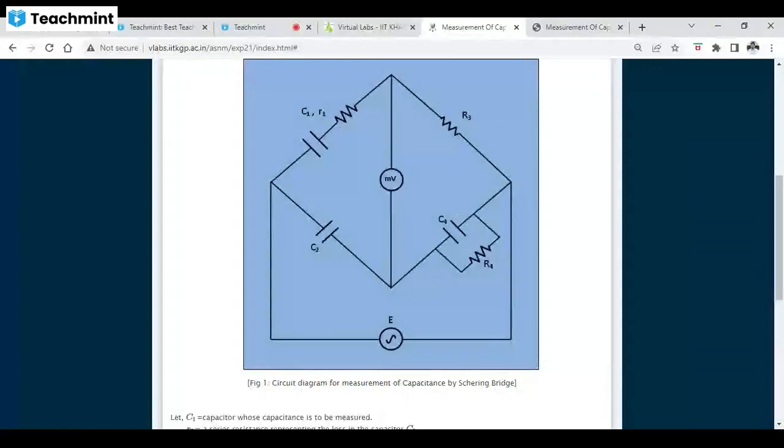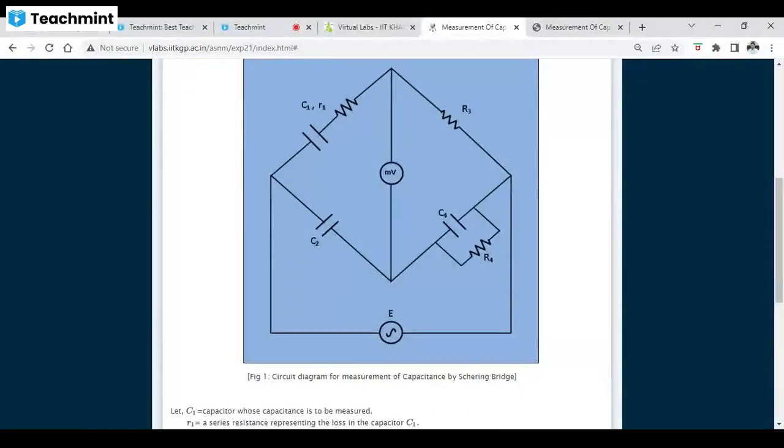Under the bridge balance condition, R3 over R4 equals the ratio of the arm impedances, with terms 1 by j omega C2 R4 plus 1 equals R3 and R2 into 1 by j omega.